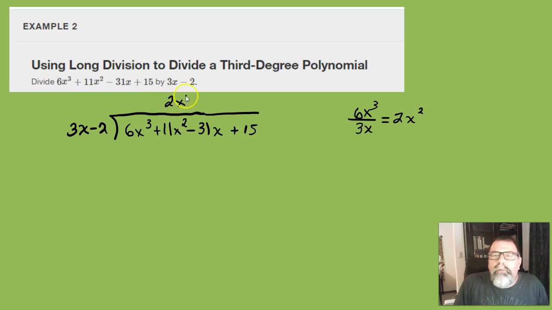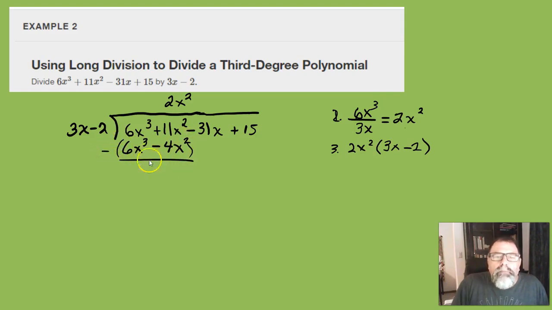Now, step 2, we're going to take that answer and multiply it by the whole divisor. So 2x squared times 3x is 6x cubed, and again, line it up in the right degree. 2x squared times negative 2 is negative 4x squared.